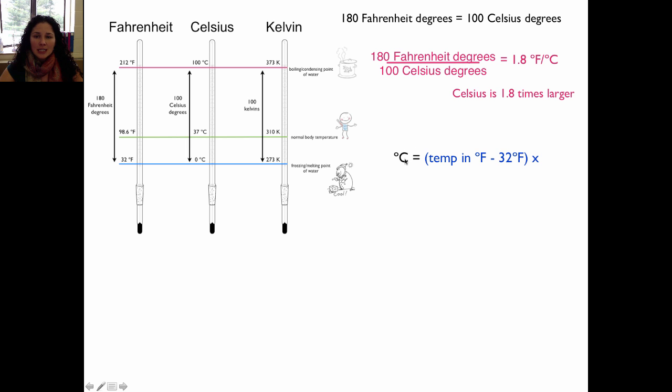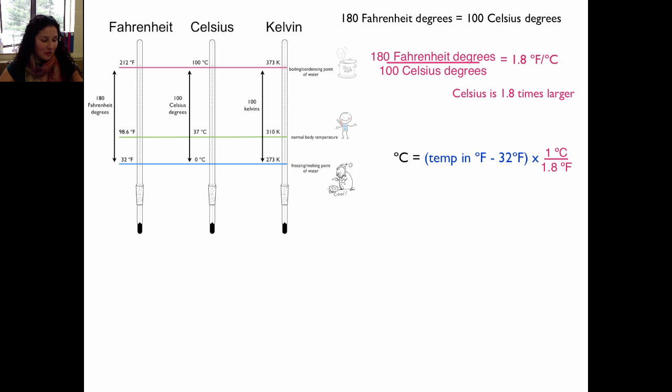So the degree Celsius here equals some kind of temperature in Fahrenheit units, but then I want to convert to Celsius units. So I'll use this equivalency. And I put Fahrenheit in the denominator so that my Fahrenheits will cancel and I will get my answer in degrees Celsius. Using this formula, try to solve number 6 and check the key to make sure that you're correct.